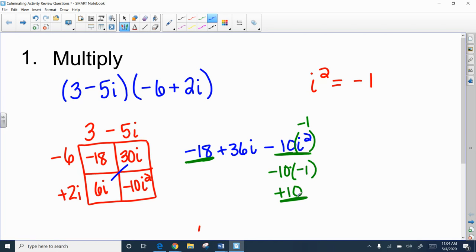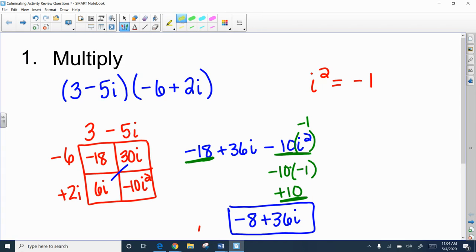So negative 18 plus 10 would be negative 8. And then we still have the 36i. So negative 8 plus 36i. That's as simplified as we can get it because I can't combine the regular number with the imaginary number. So that's what our answer would look like on a multiplying problem.